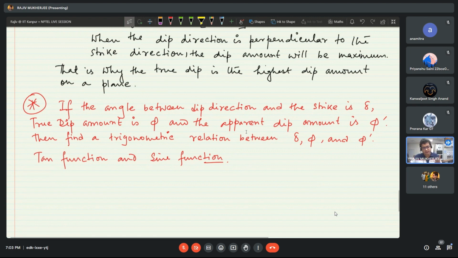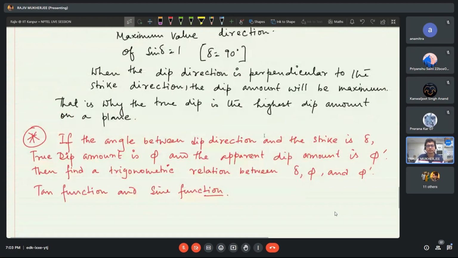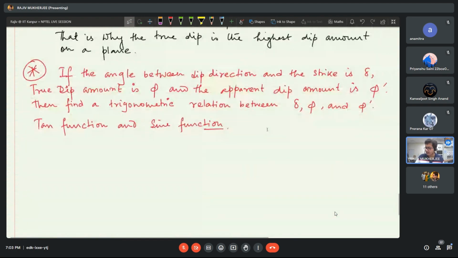Okay, so this is an important relation they often ask, and if you see the previous year questions, there are several questions that involve this particular trigonometric relation, and it will be helpful for you if you know the relation. Then you can solve the MCQ questions easily. Okay, so this is the dip and strike.